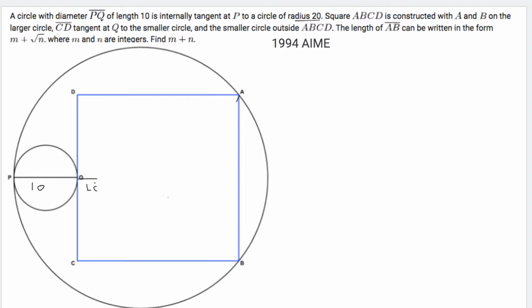Length of... Yeah, now try this problem. I'm going to give you guys some time to solve this problem. It's a nice problem. It's all about drawing.